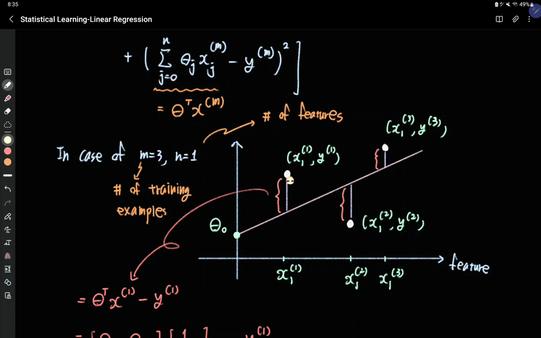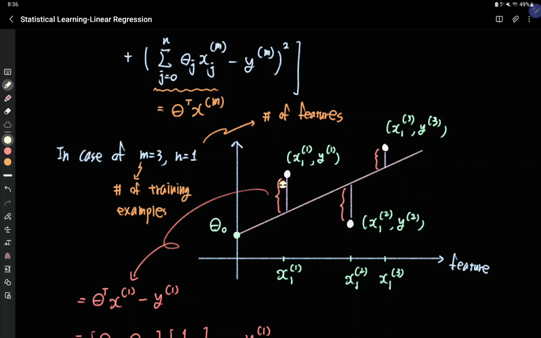And this is a point, the ordered pair of the input value and the output value, which is the target value, for the first, second, and third training examples.